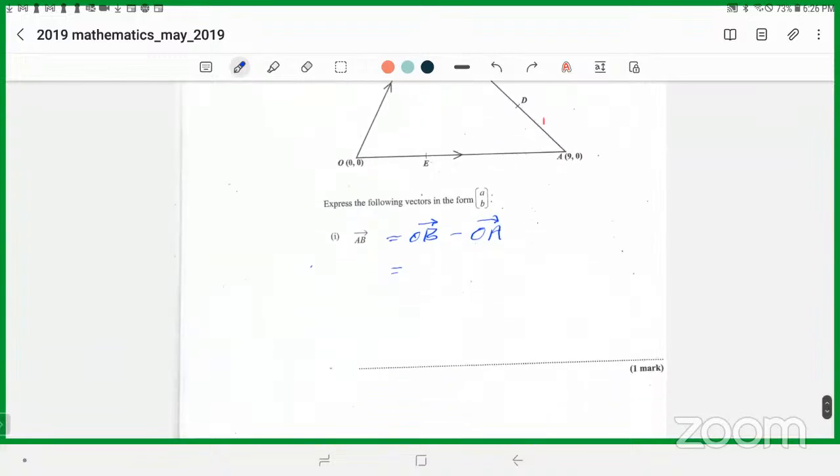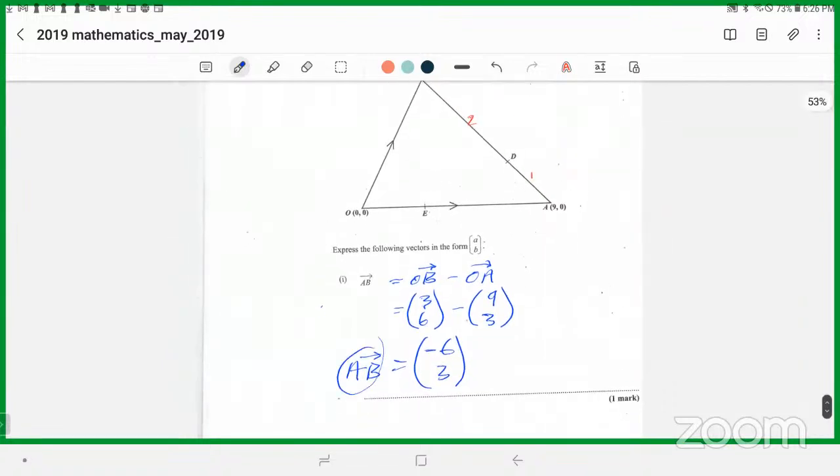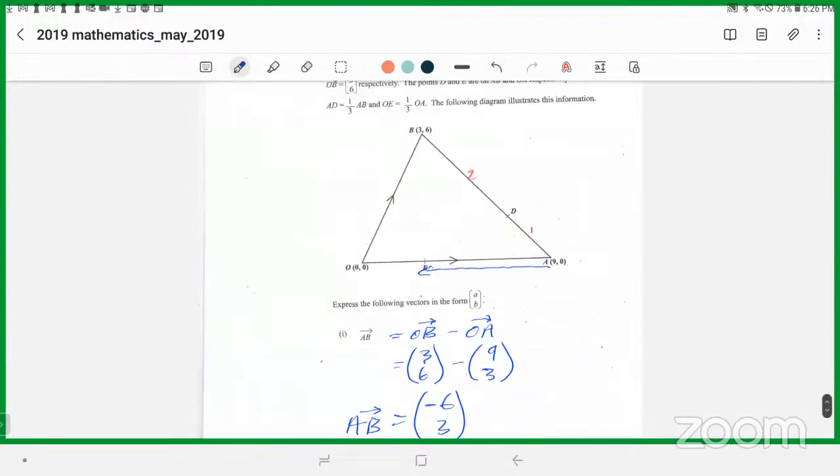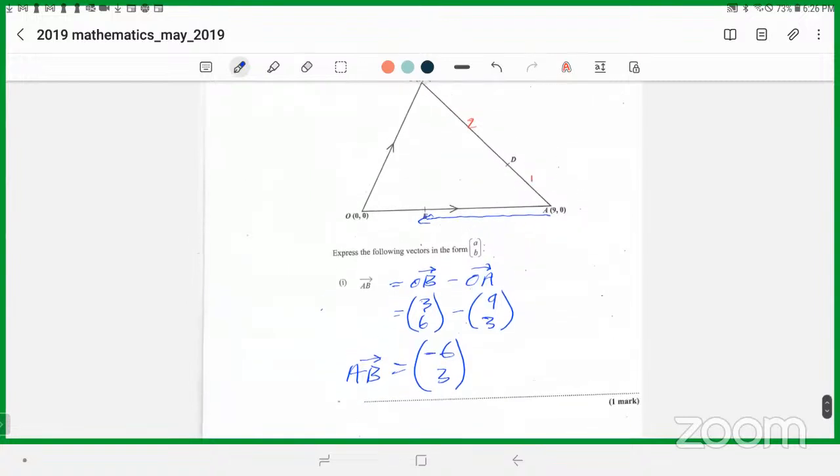So it's 3, 6 minus 9, 0. So it's 3 minus 9, that's -6. And 6 minus 3 is 3. That's the vector AB. We could see it on the diagram too. To go from A to B, you're going to have to go 6 units back and then 3 units up. Look, you have to come 6 units back, and then you're going to go up.